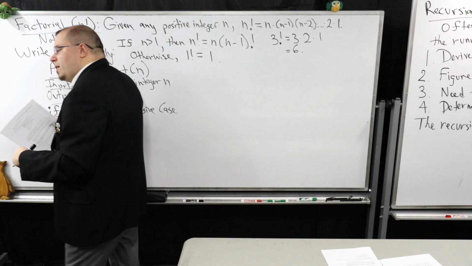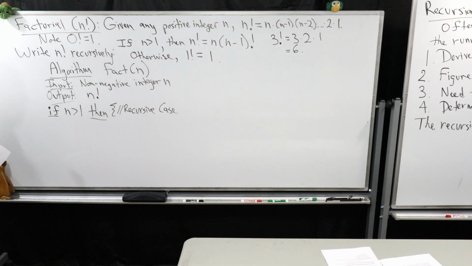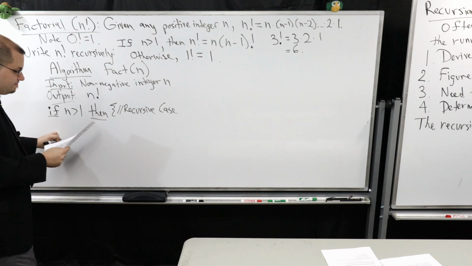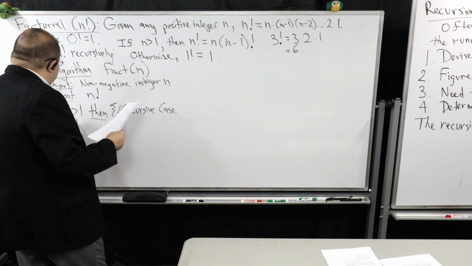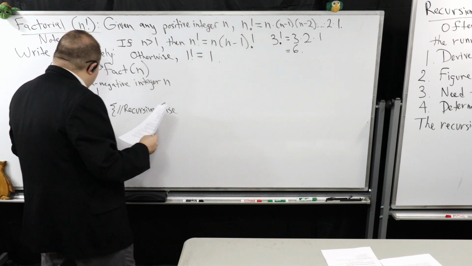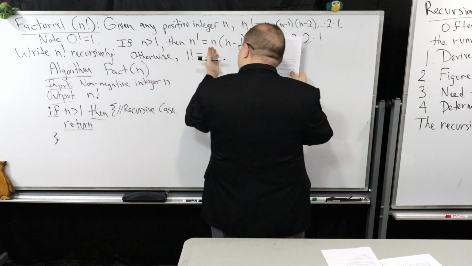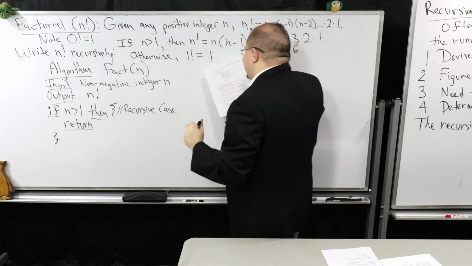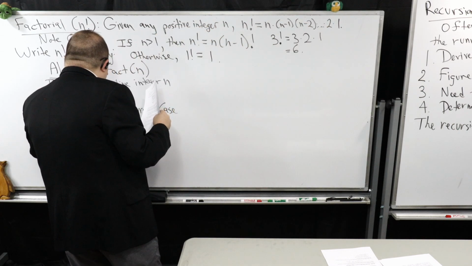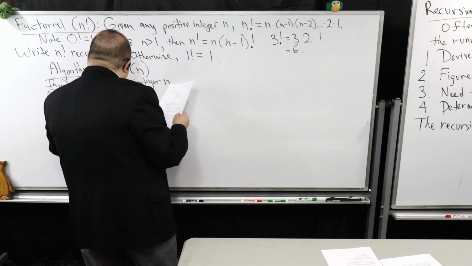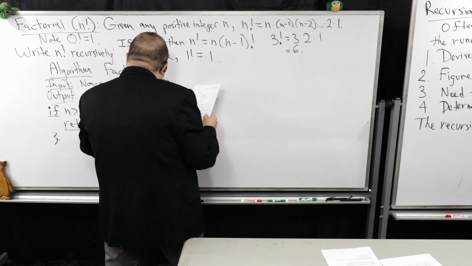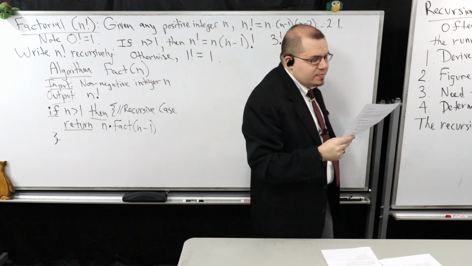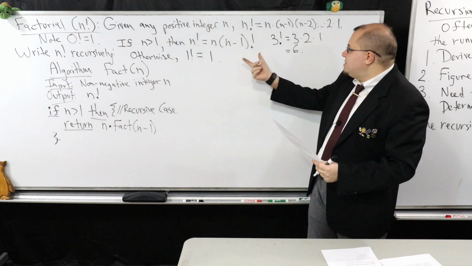This is very helpful oftentimes when you're actually analyzing the algorithm as well, as we're going to see. So I'm going to return, in this case, I'm just going to compute this right here. All I do is take n and multiply it by the result of fact of n minus 1.